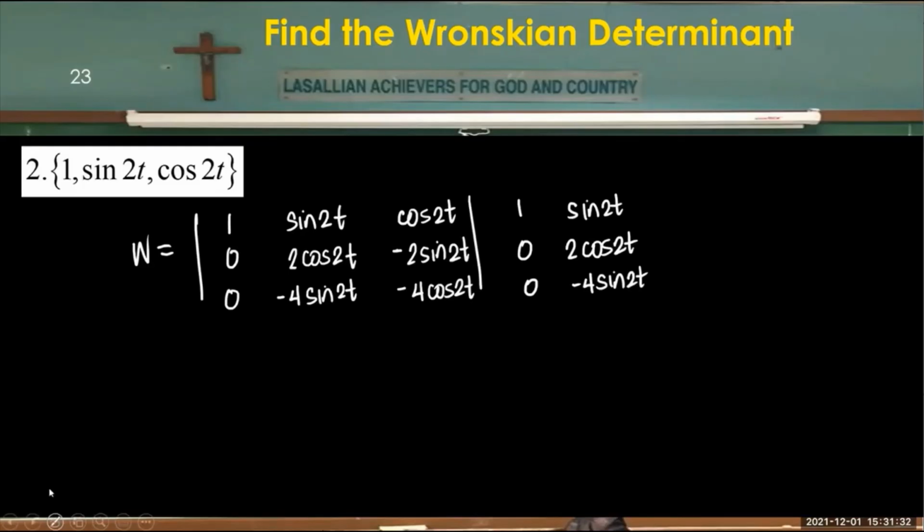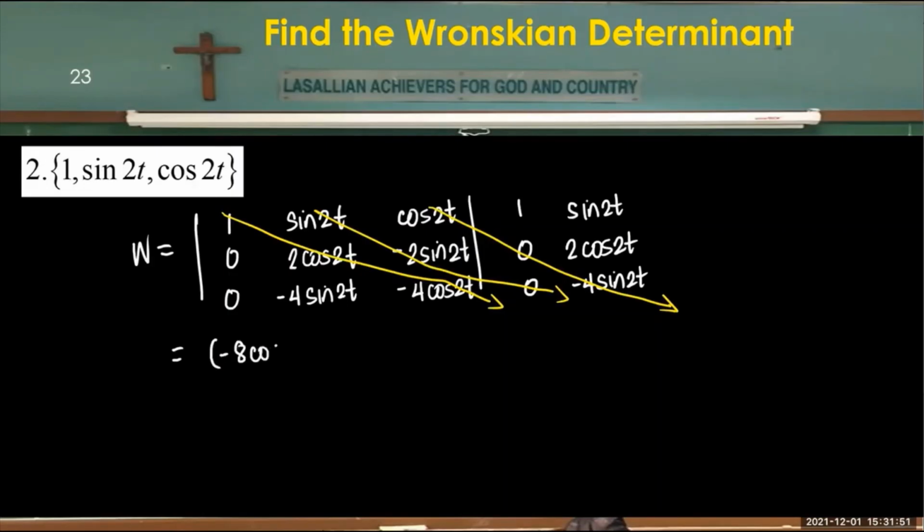All right, so let's get the determinant. Let's solve for the primary diagonals first. Sorry, the line is a bit wonky. For this one, 1 times 2 cosine times, so that's negative 8 cosine squared of 2t, right? And then the other one is plus 0 plus 0. We're lucky because there are zeros that cancel them out.